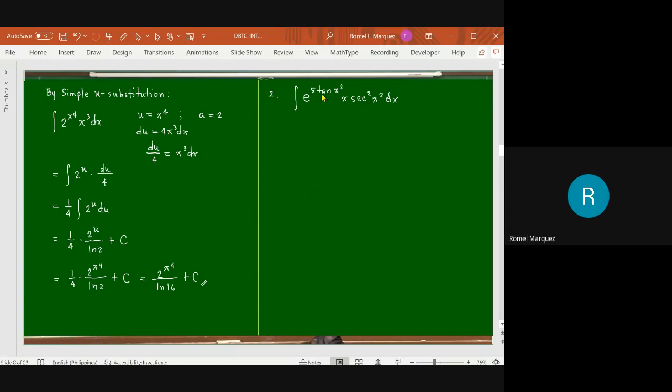Let's try if the exponent of e is our possible u. So let's take u equals 5 tangent x squared. Our a is e, so that is direct. We have a direct formula for that: the integral of e to the u du is equal to e to the u plus c. Again, what is e? Approximately 2.71828, an irrational number, Napierian base.